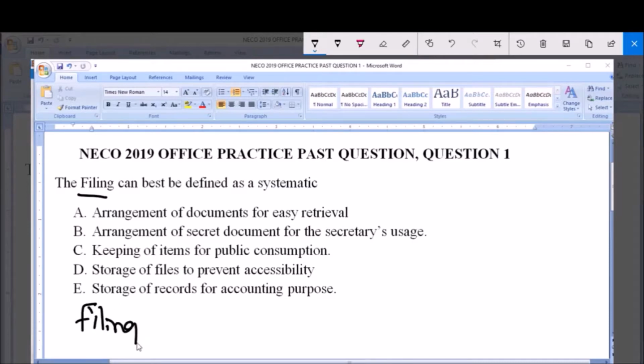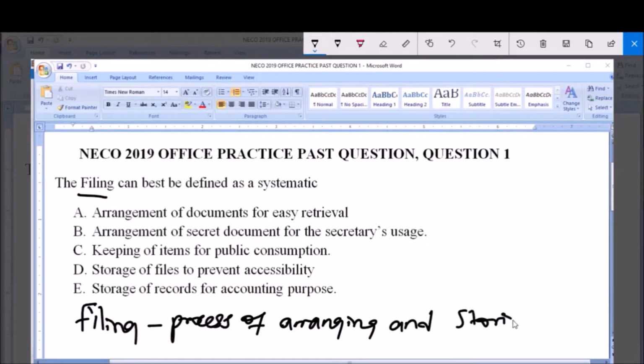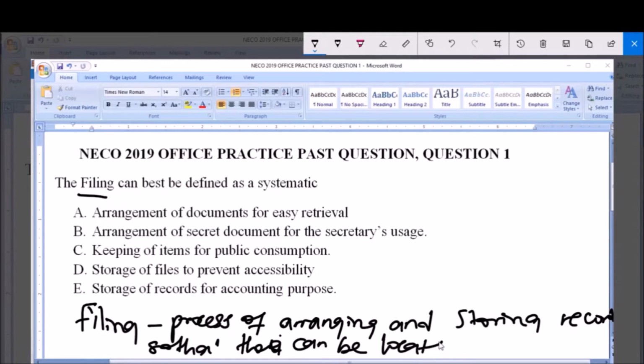Filing refers to the process of arranging and storing records, that is all office records, so that these records can be located when required.